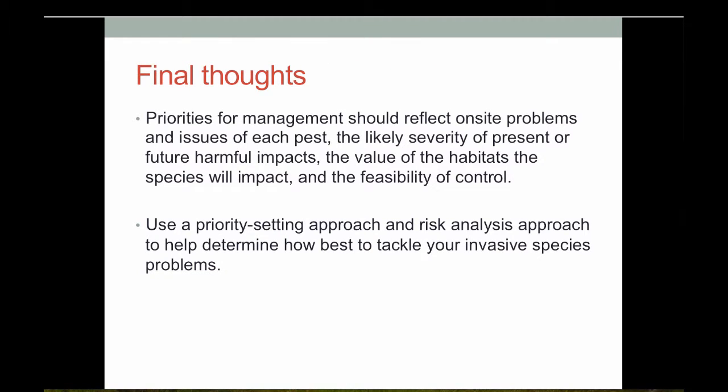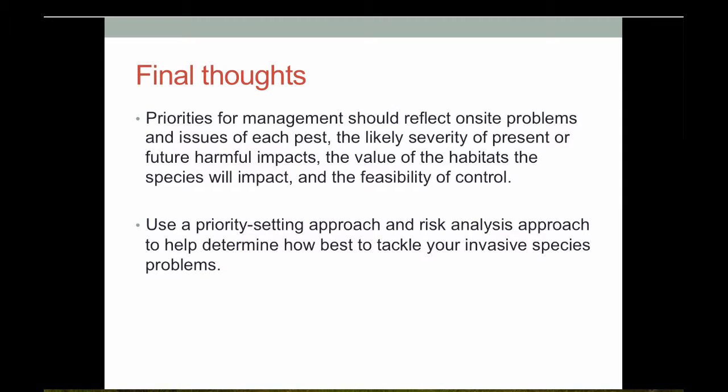So just some final thoughts regarding invasive species here. I think your priorities for invasive species or pest species management really should reflect the on-site problems and issues of the pest itself. So you really do need to understand the characteristics, the biology, and the life history characteristics of the plant or animal species that is a pest.